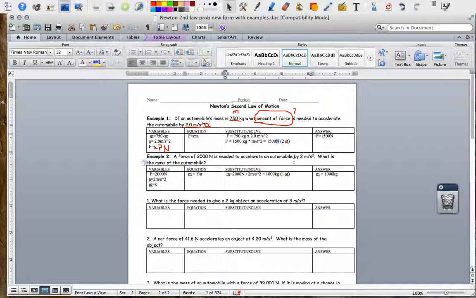Now, in our discussion about significant figures, we need to keep in mind that our answer can only have as many significant figures as the smallest value from our given variables. Here we've got 750 kilograms with no decimal place at the end, so the 7 is significant, the 5 is significant, the 0 is not significant. Here we have 2.0.